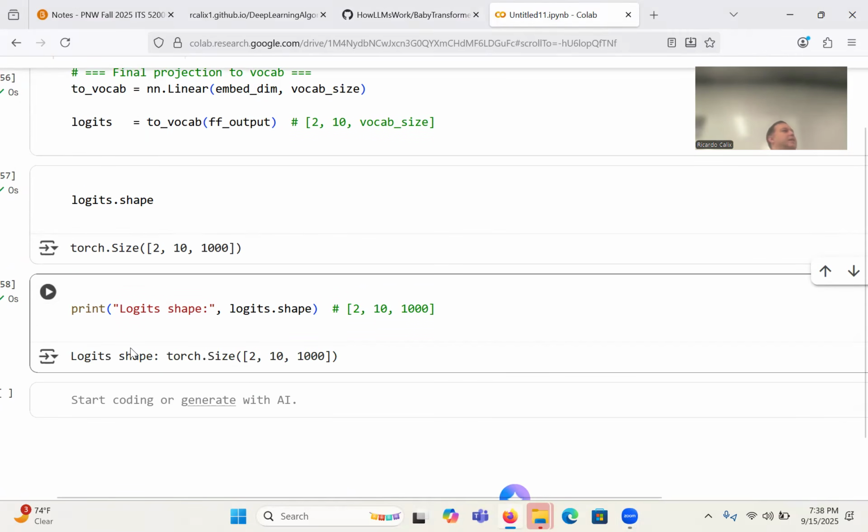And there you go, 2 by 10 by 1,000. That is your logit shape, and that is your final tensor. At this point, what happens? We'll wrap up with this today, because it's really important now to think about this part.